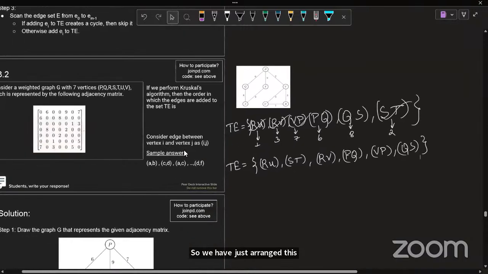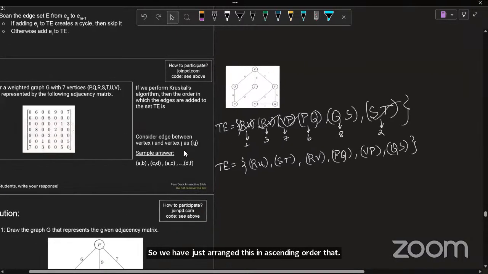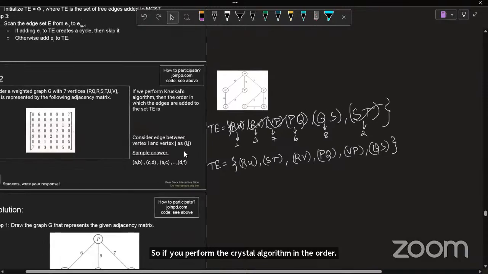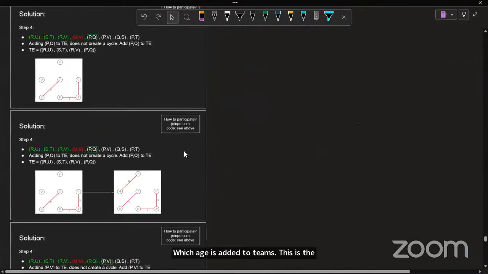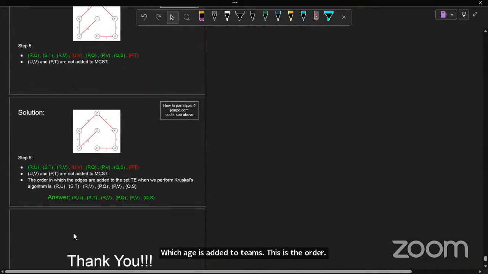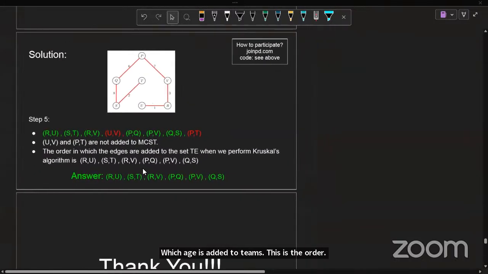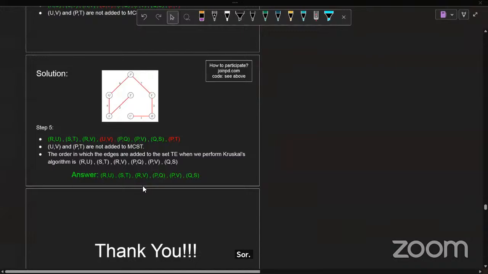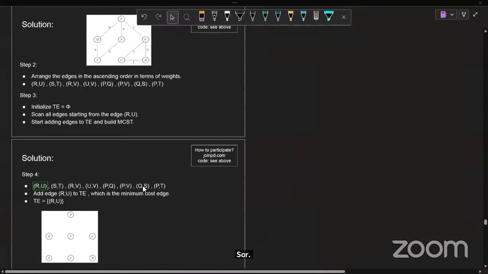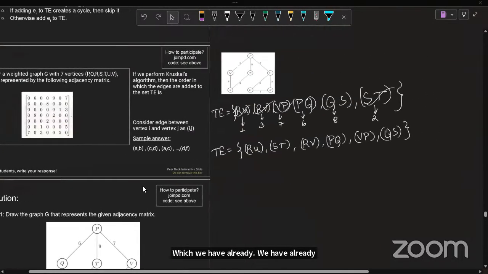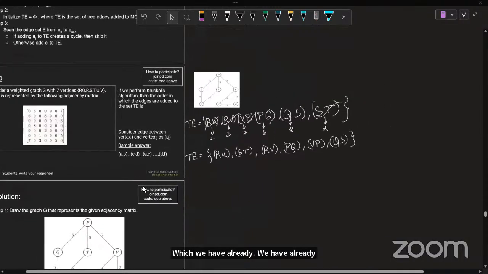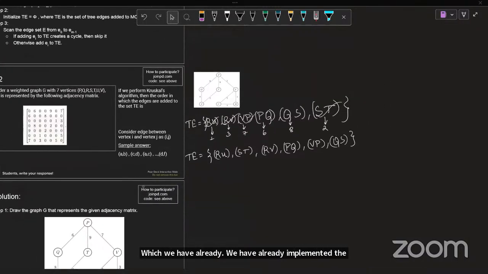If you perform the Kruskal algorithm, this is the order in which edges are added to T. We have already implemented Prim's algorithm, that's why we get this value.